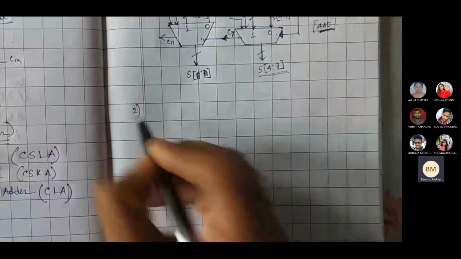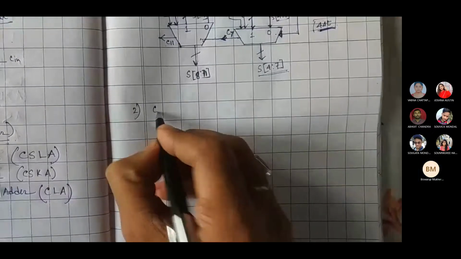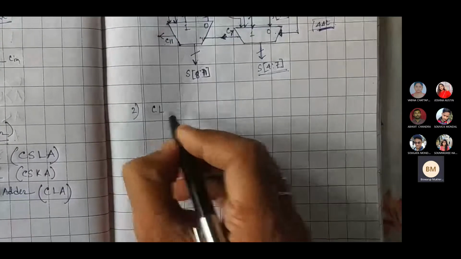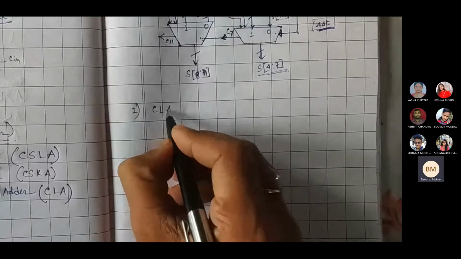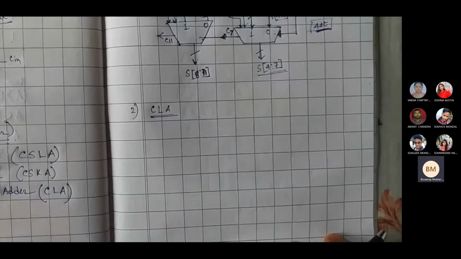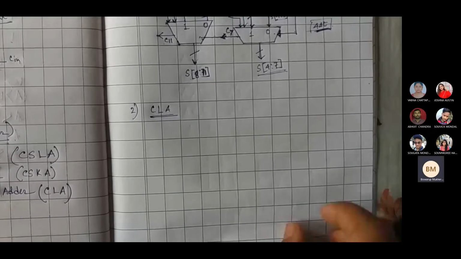This is number 1. Now number 2 is the carry look ahead adder. We are going for the carry look ahead adder, CLA, first, and then we'll come back to the carry skip adder. The carry look ahead adder is an entirely different way of understanding.